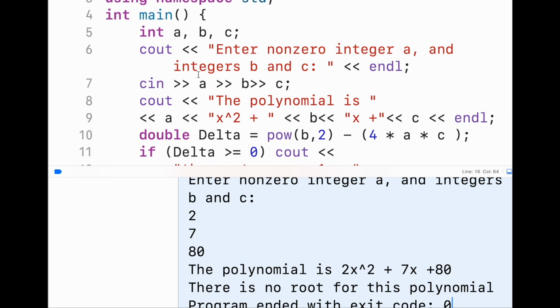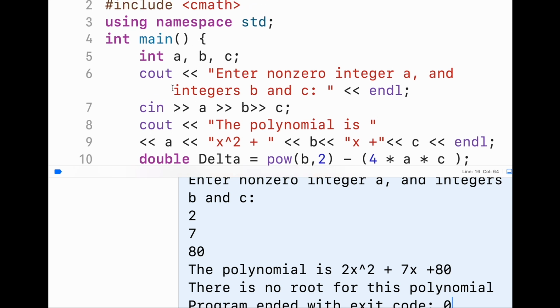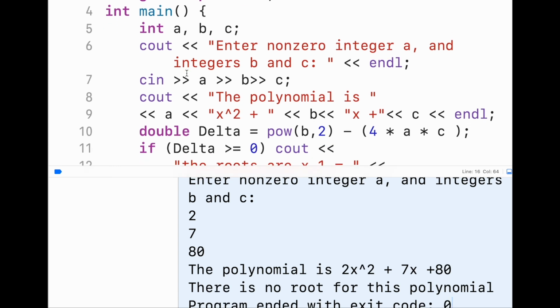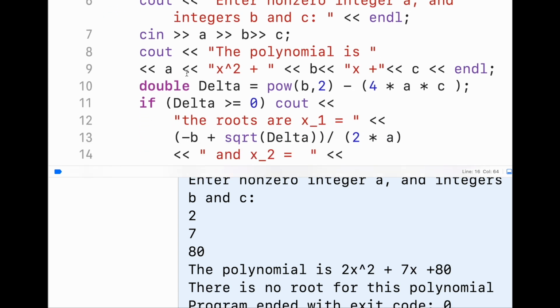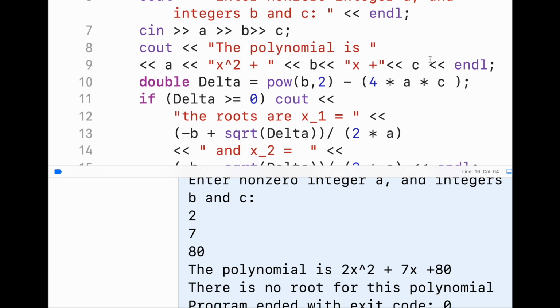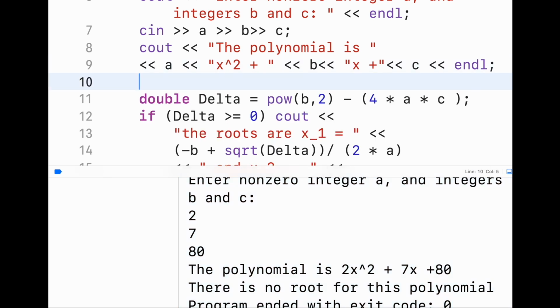So this all happens because we enter a non-zero a. But what happens if we enter a to be 0?